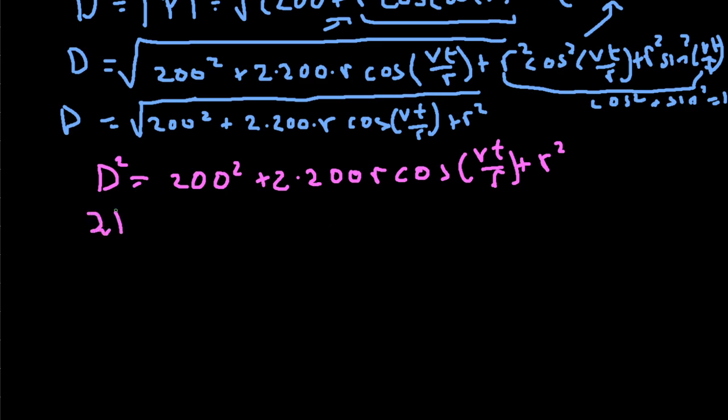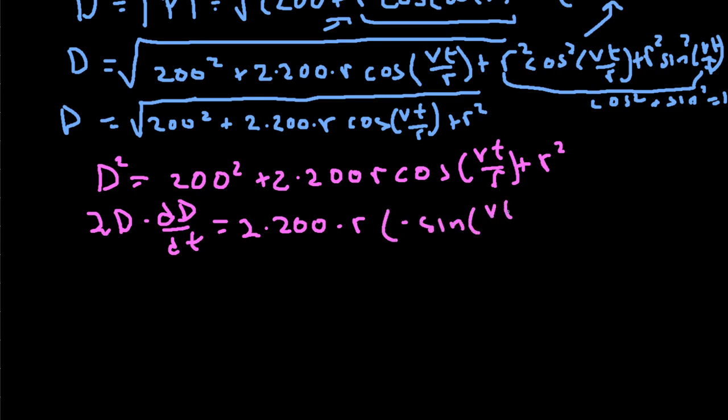We're going to get 2 times d times dd/dt is equal to, all this is constant, all this is constant. The only thing that's not constant is this stuff in here. So that's going to be equal to 2 times 200 times r. The derivative of cosine is negative sine vt over r, and then by the chain rule we multiply by v over r, and a couple of r's cancel here.